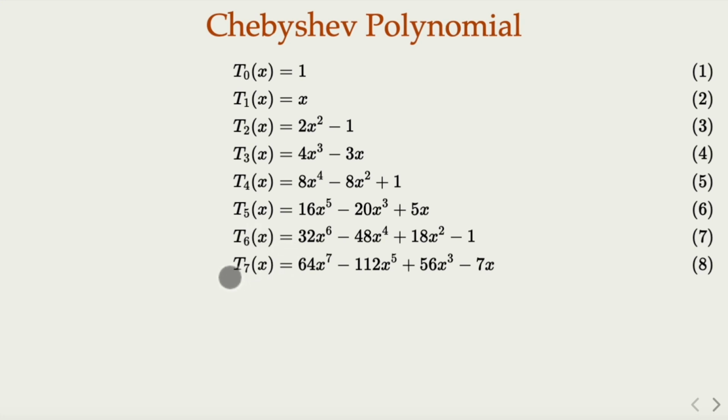And in an earlier video, we derived T7, cosine 7 theta equals 64 cosine theta to the 7th power, and so on, a polynomial. One thing you noticed is that T_n here has leading coefficient of 2 to the (n minus 1)th power. That is 2's power: 2 to the first power, 2 to the second power, 8 is 2 to the third, 16 is 2 to the fourth, and 64 is 2 to the sixth.